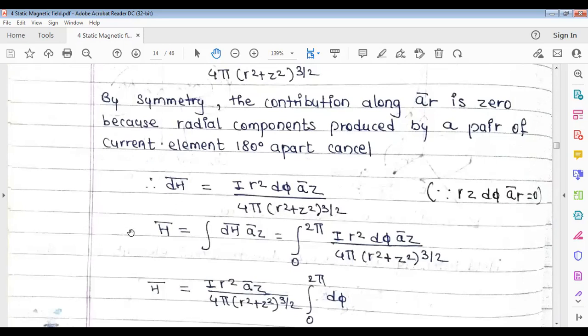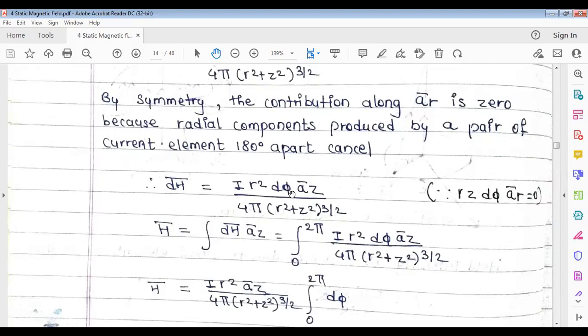Now we have to find this h bar. So h bar is equal to the integration of this dh bar into unit vector a bar z. Here the variable is phi, so we have to take integration with respect to phi.